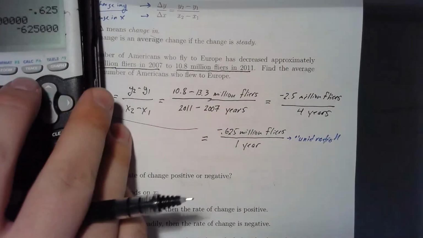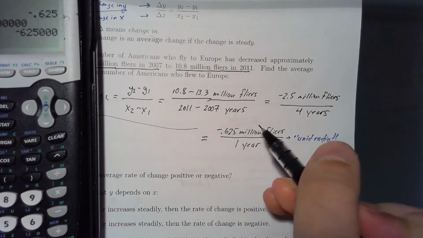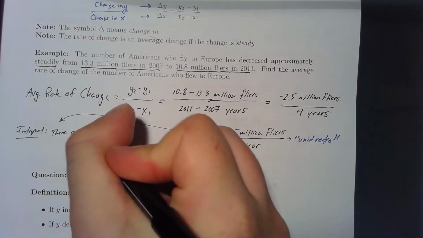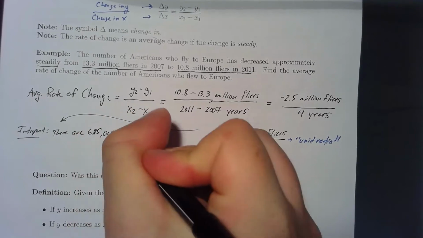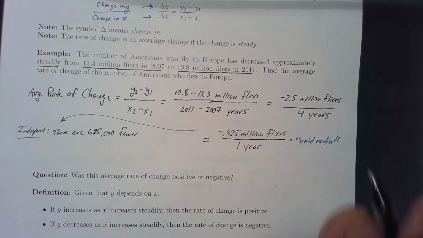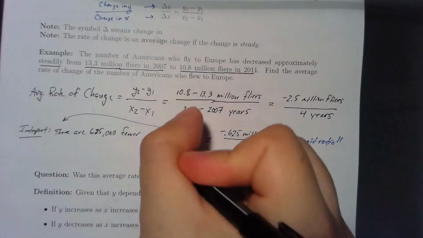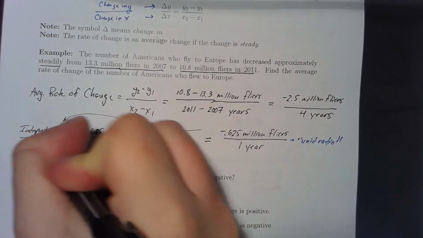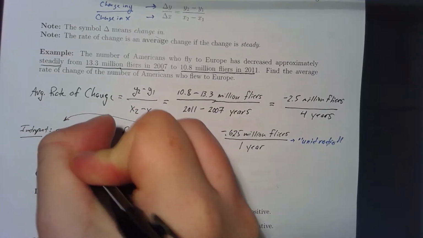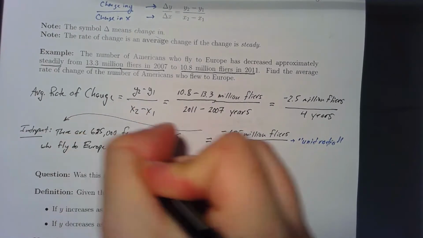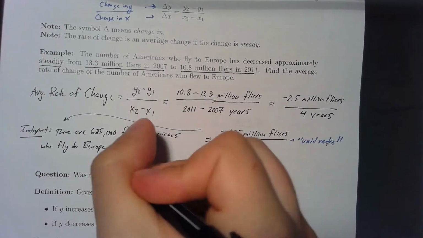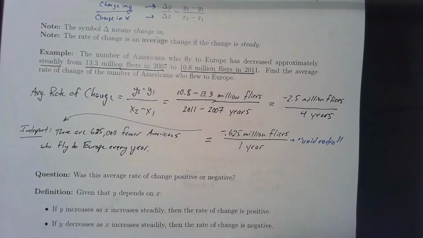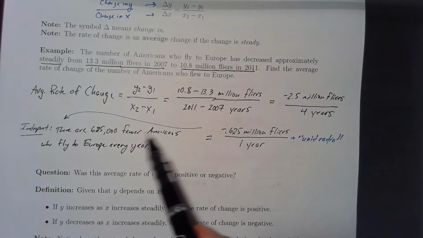But the negative sign means that there's less, not more. It means it's decreasing. So that means there are 625,000 fewer Americans who fly to Europe every year. And that's how you would interpret that. This right here is the average rate of change.